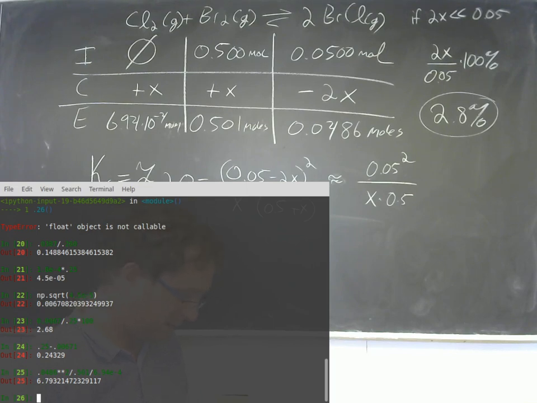I do remember this from last year. That 5% rule is designed around the sorts of problems like the first one that we did, where the quantity that we subtract x from is only raised to the first power.